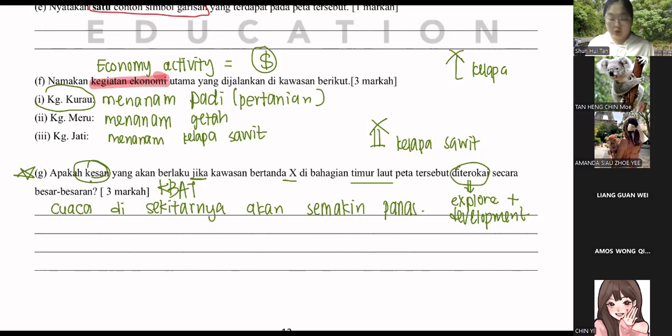So your first answer is monkeys will go into the kampongs. No need to be so detailed. You can say haiwan akan, they will lose their home, right? Kehilangan habitat. Merosakkan hutan, but you need to be detailed a little bit because 3 marks.